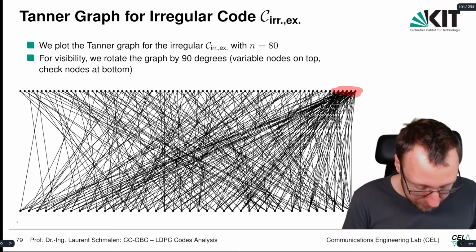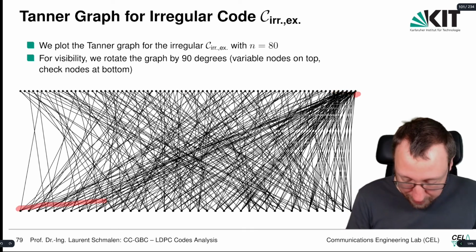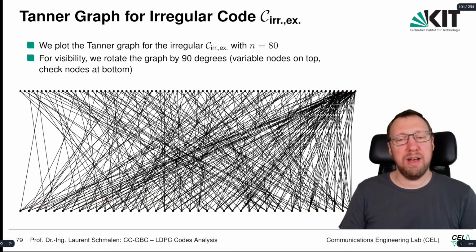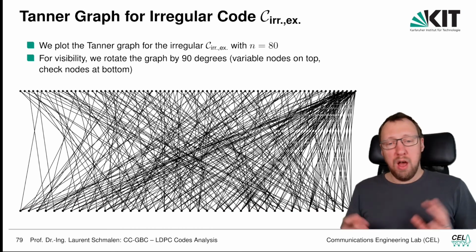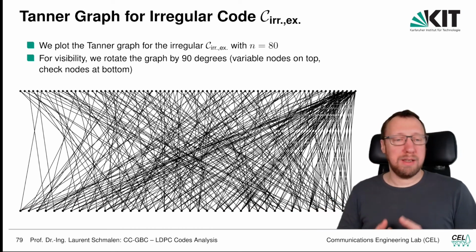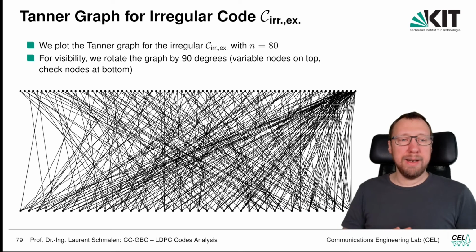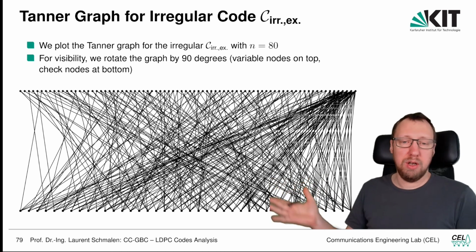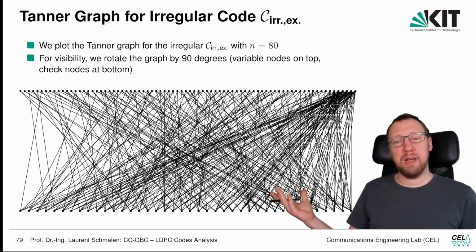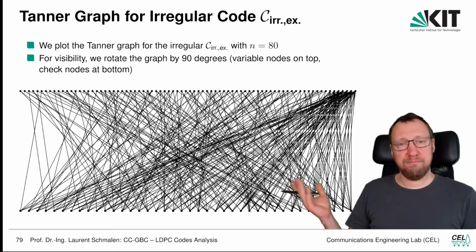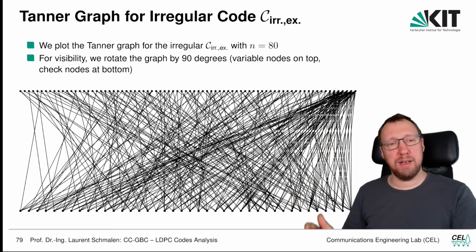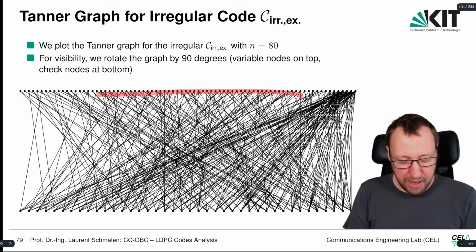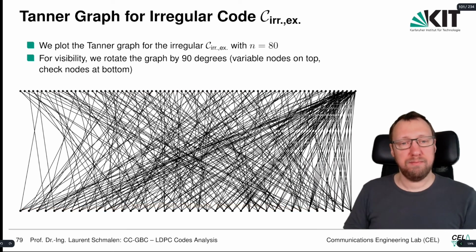If you count the check node degrees, you see you have degree 8 and degree 9 check nodes. How we can construct such a code is something we're going to look at a little bit later. But this is an example Tanner graph of such a code. It's a bit messy, but it's a typical irregular LDPC code. Again, it's rotated by 90 degrees, so the variable nodes are on top and the check nodes are on the bottom.